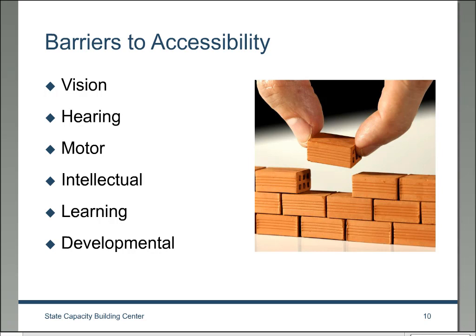Most often, the disabilities we're talking about are visual, hearing, and motor disabilities. In terms of visual, that covers users who have blindness, low vision, or color blindness. Users with visual disabilities typically navigate online applications using keyboard strokes, and they also use screen readers to read the content out loud to them.